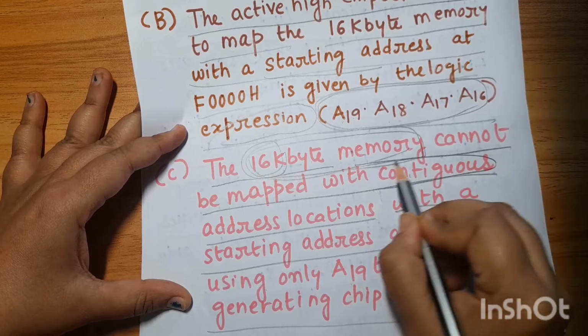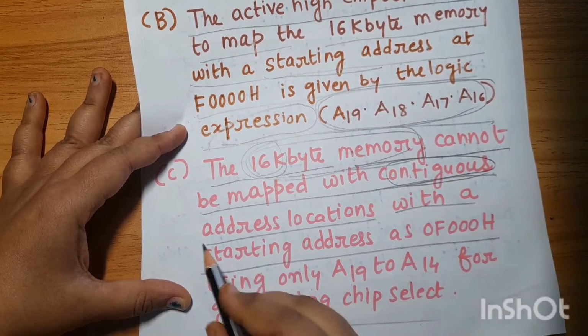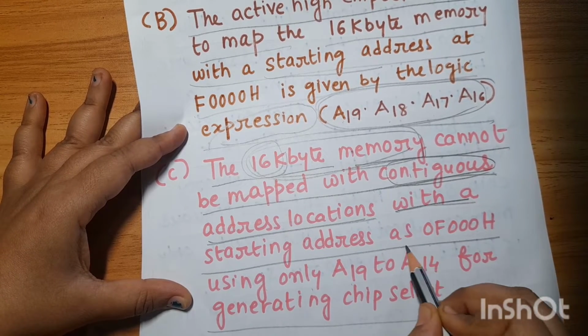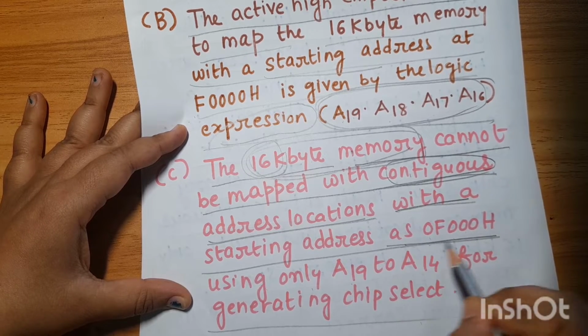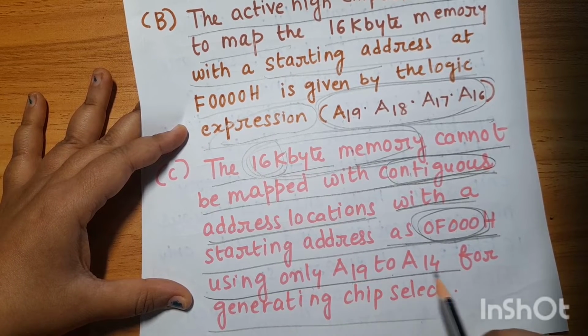So they cannot be mapped to contiguous, meaning consecutive memory allocation cannot happen when the starting address is 0FC30H. This is the hexadecimal value of the starting address, and they said they are using address lines A19 to A14 for generating the chip select.